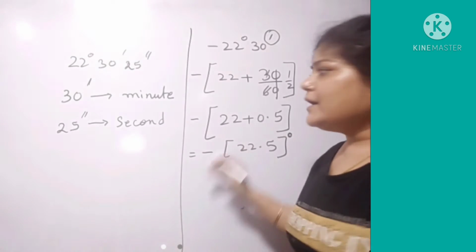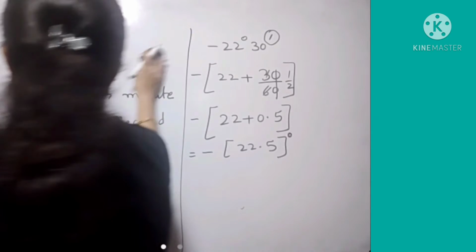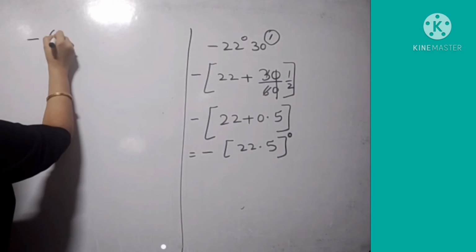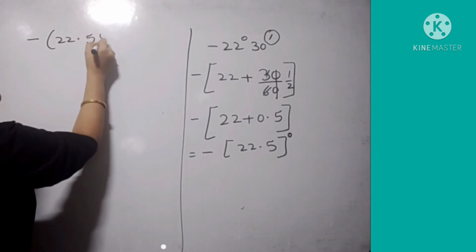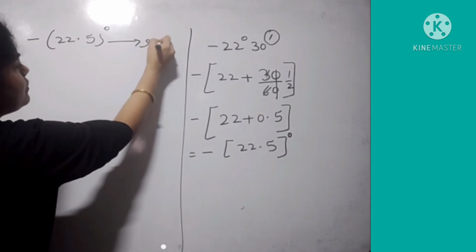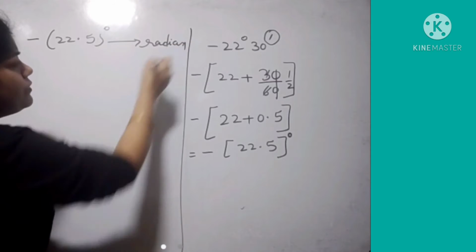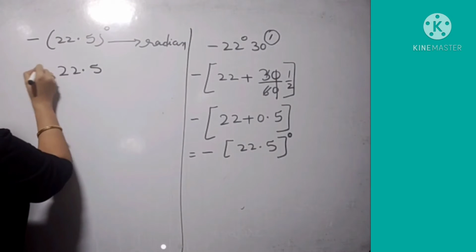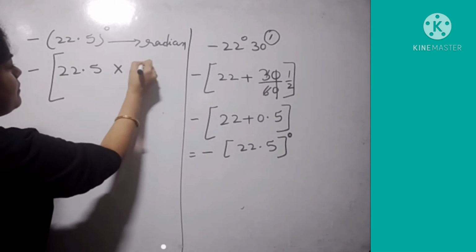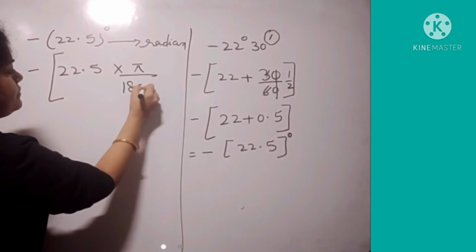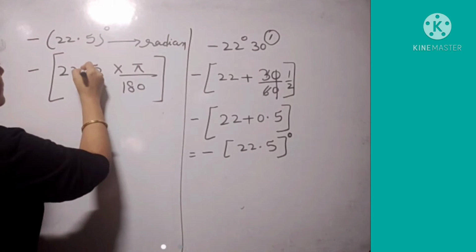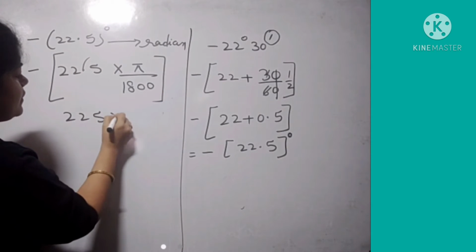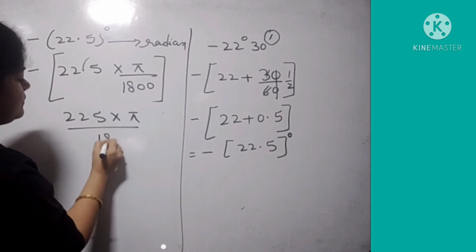Now we solve it in the same way as I told you earlier. We have minus 22.5 degree and we convert it into radian. That means 22.5 along with the minus sign into pi by 180. Now solve it. It becomes 225 into pi by 180.